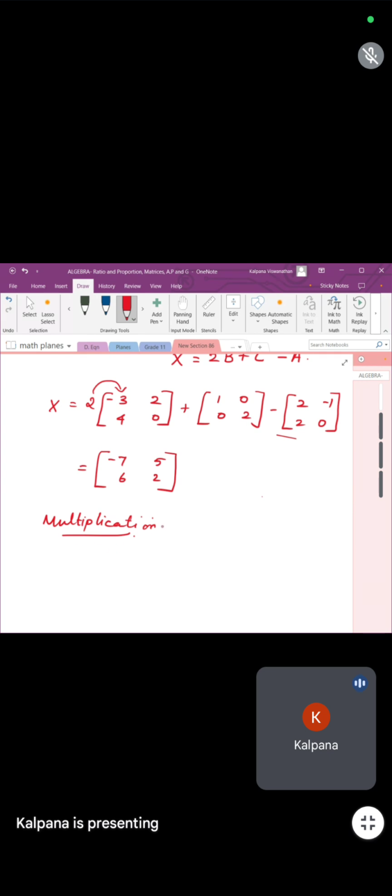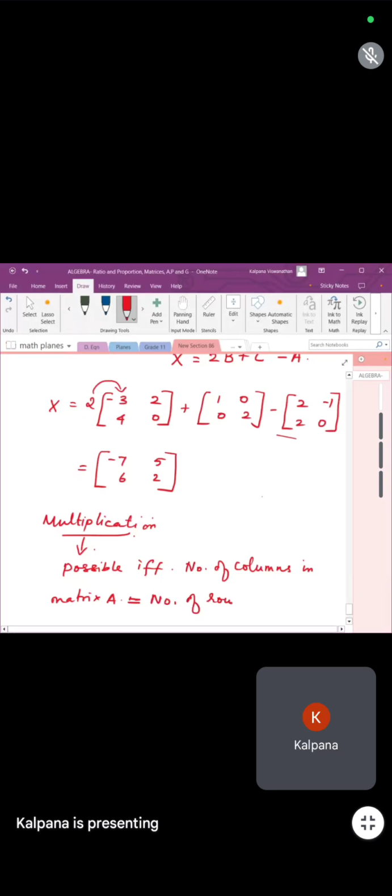Multiplication is possible if and only if the number of columns in matrix A, I'll write the first matrix as A, is equal to the number of rows in matrix B.